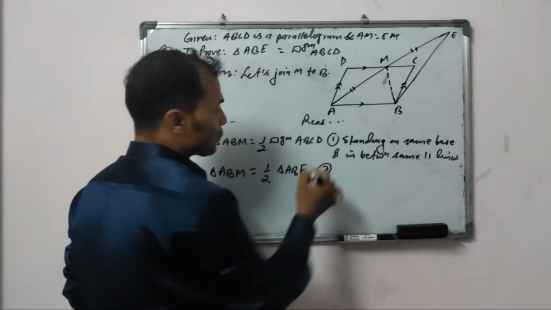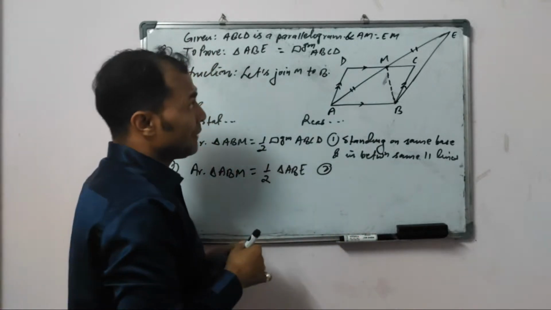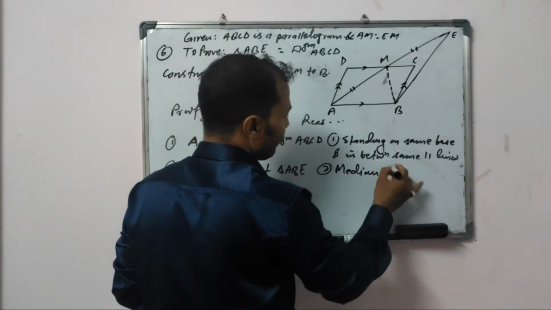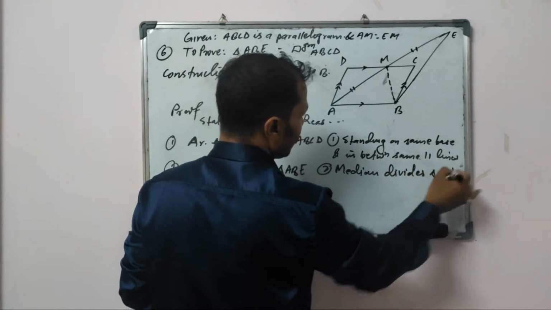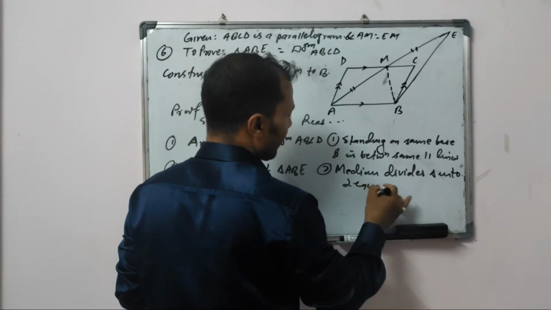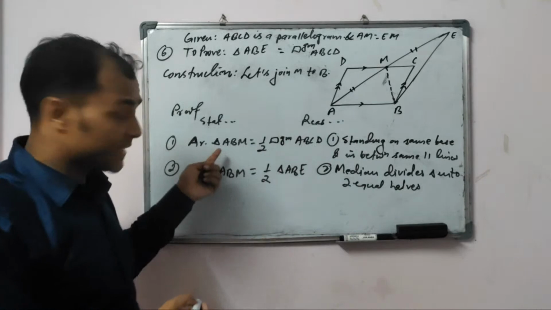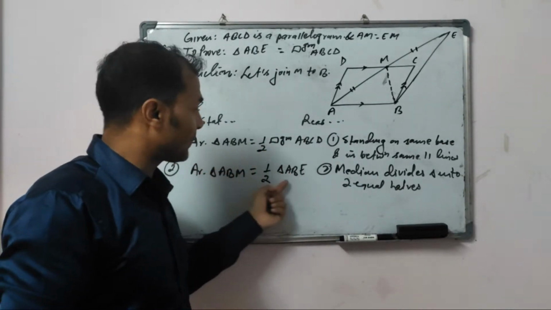So what should be the reason for this? The median of a triangle divides the triangle into two equal halves. So what you see is the same triangle here is half of the parallelogram, and here the same triangle is half of the triangle.